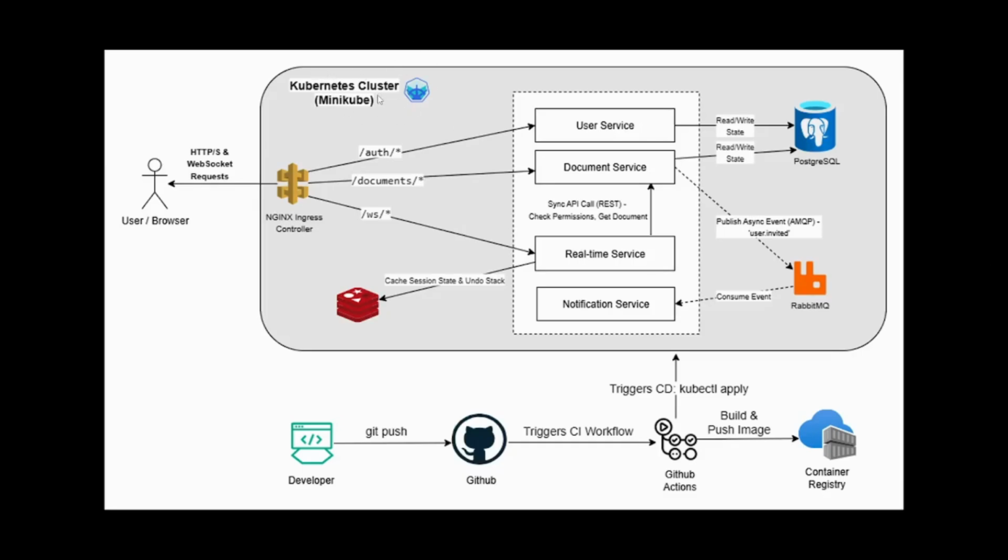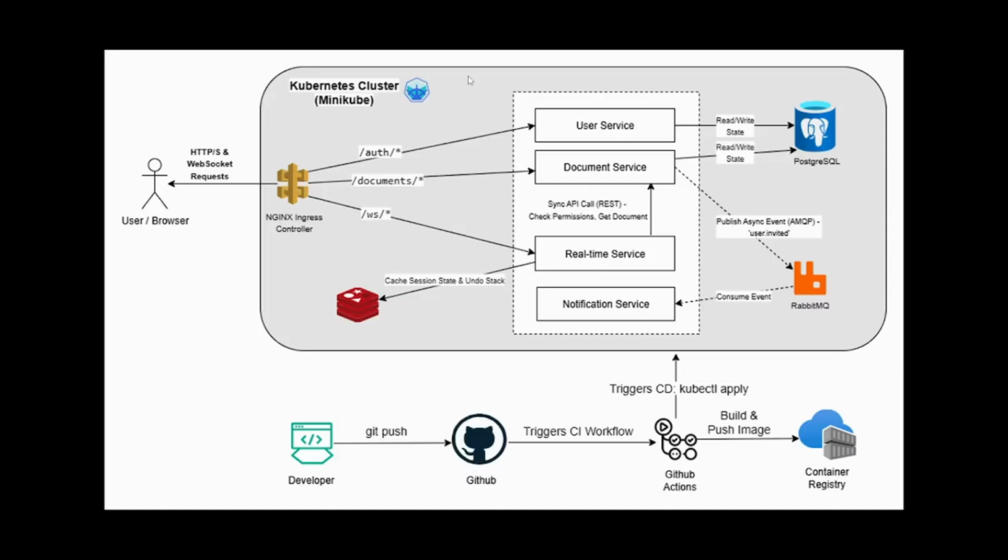Each of these boxes, user service, document service, and so on, is a separate container deployment. This means we can scale each service independently based on load. For high availability, Kubernetes provides self-healing. If any service pod crashes, it's automatically restarted.